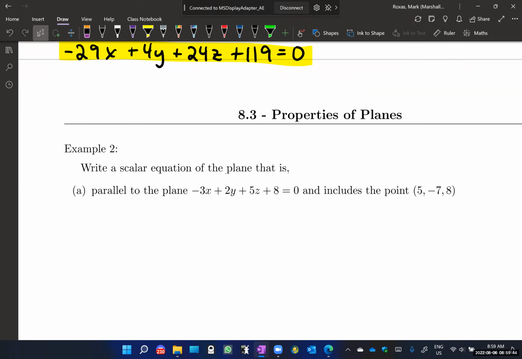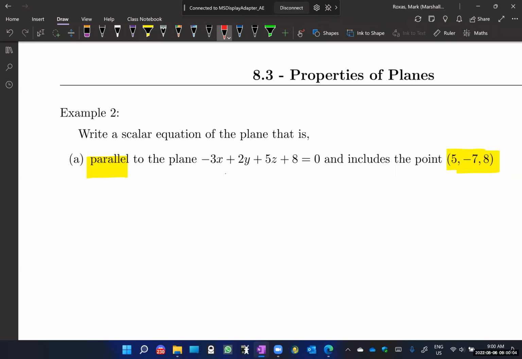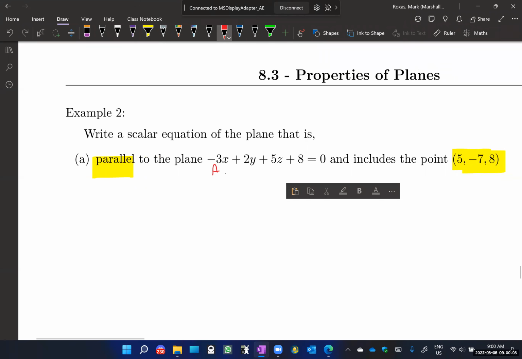And so here you have an equation of a plane that is parallel to another plane that's given to you as a scalar equation, and includes the point 5, -7, and +8. Okay. So you look at this equation of the plane, you think, what information does this plane give me? I can read a normal vector to this plane, A, B, and C, right?